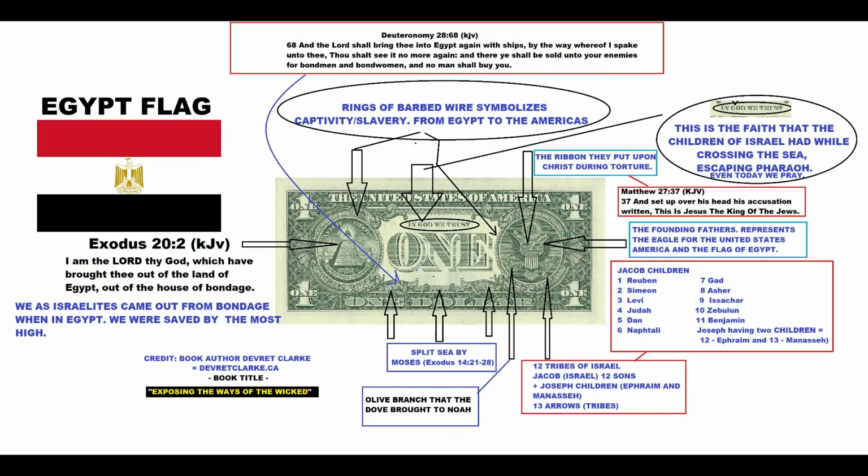Why are we in captivity? Because you got to look again at that dollar bill and look at the pyramid, and you're going to look around the circle of it. First off, you got the all-seeing eye, which is the Illuminati evil. And you're gonna look at the ring of it. It's basically barbed wire again, right? It has the same thing on the opposite side, but you're gonna see barbed wire around the circle part, as well as water.